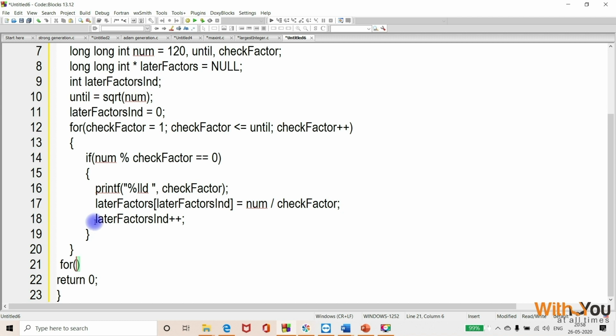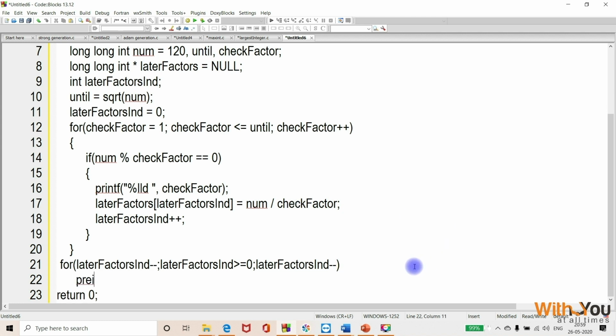Buddy, come back here. So how do I pull him back? Later factors IND minus minus. Okay, good. Now he has come down into the populated area. From that point onwards, let us start printing it. So till what point? As long as he is greater than or equal to 0, and just keep subtracting 1 and just print it. Trust me, code is over.